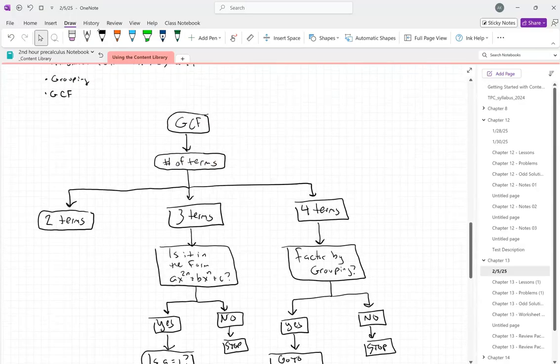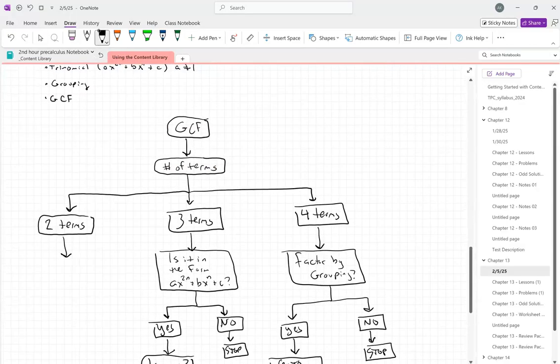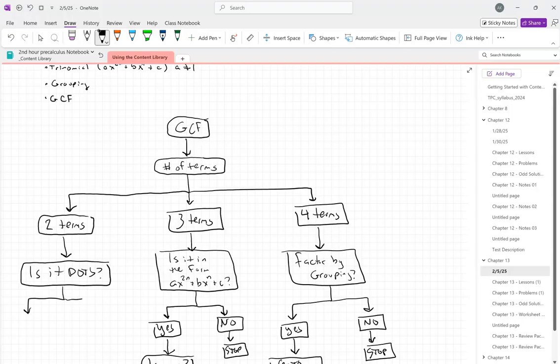And then if it's 2 terms, the first thing you're going to check is, is it a difference of 2 squares?